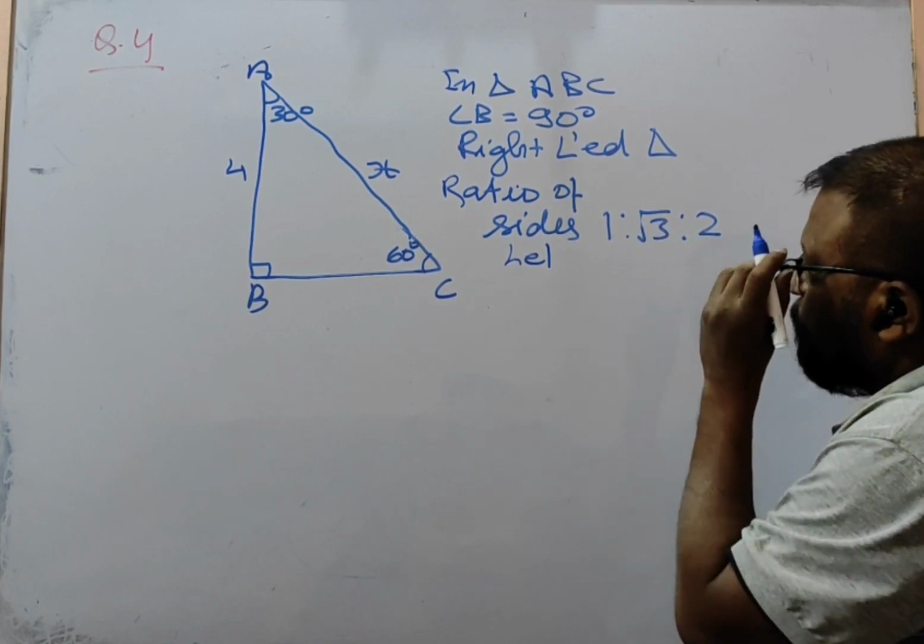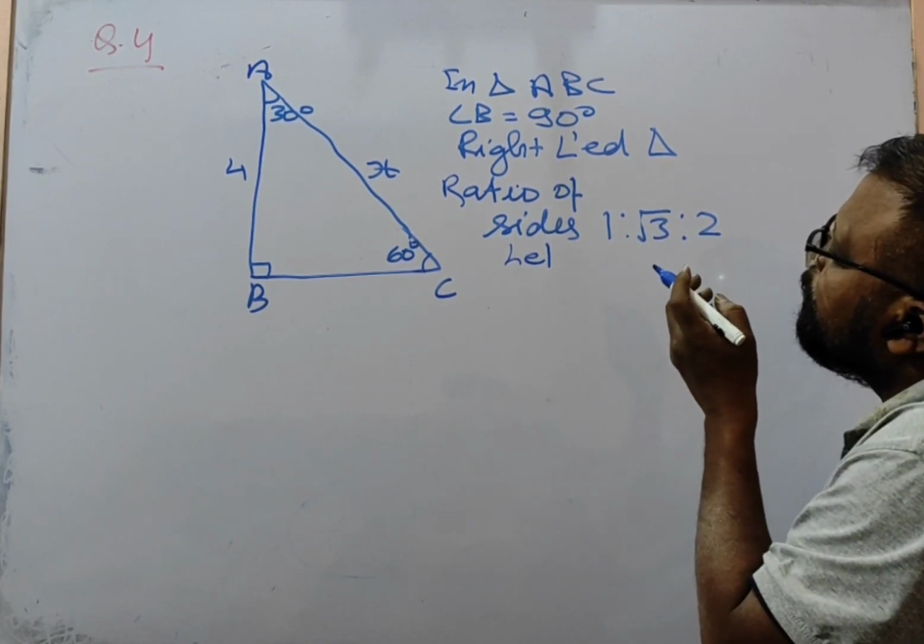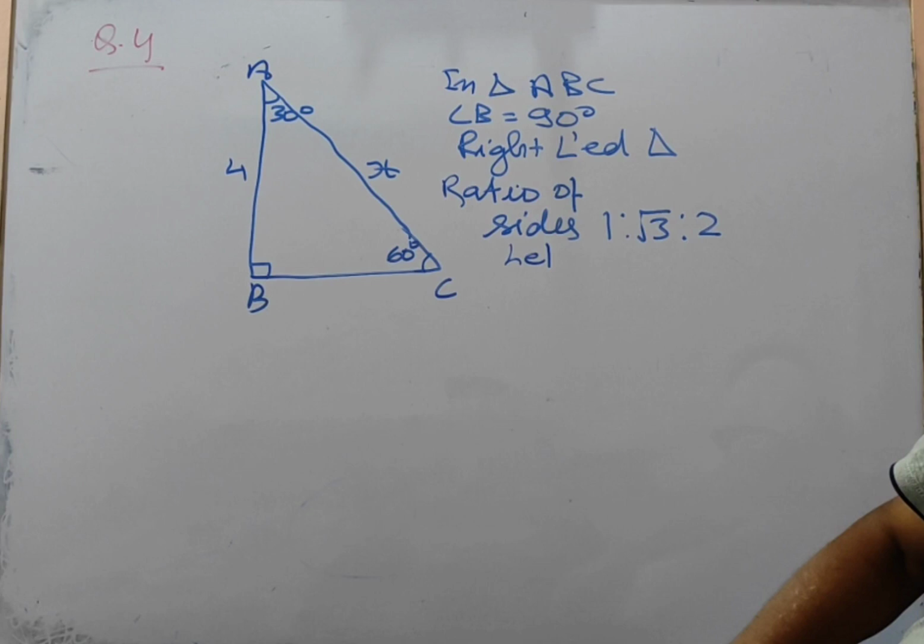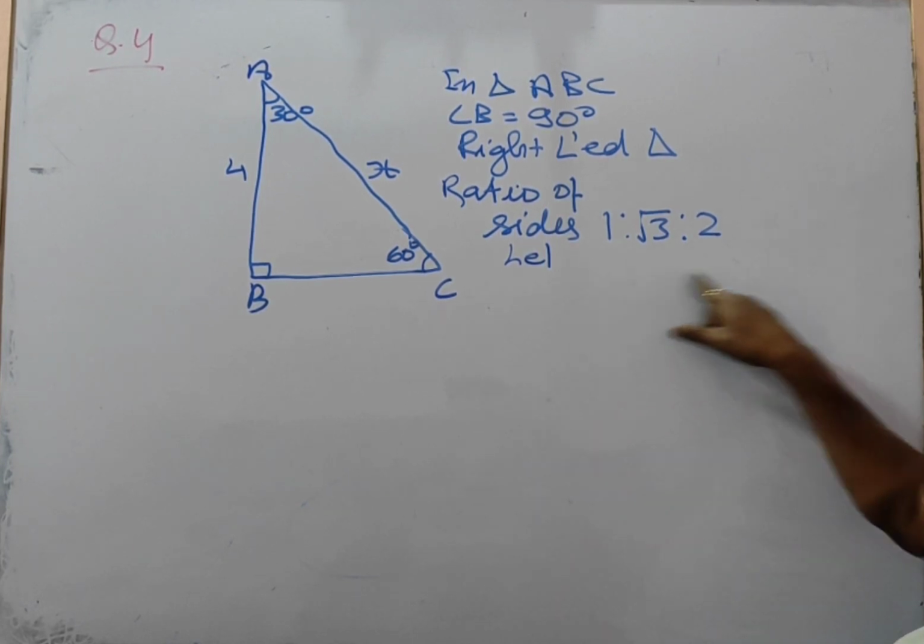So this is question number 4. Actually, question number 3 is the same as what we have done in question number 1. It is exactly the same, but I can do it for you. There is no problem, but first I try. See, this is the ratio.